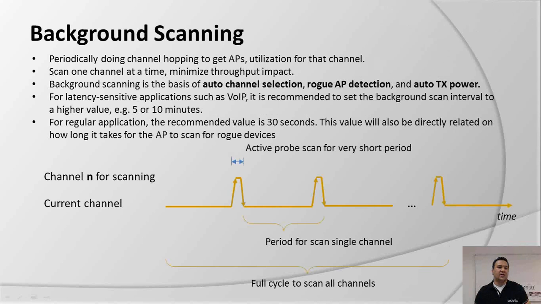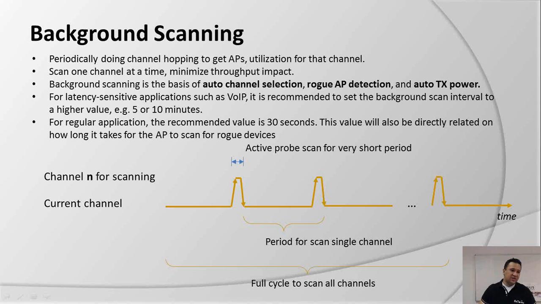The first thing that I would like to point out is background scanning. Background scanning is an active feature inside our ezMaster and our Neutron series. And this is a kind of new fundamental feature that is the basis of other features.